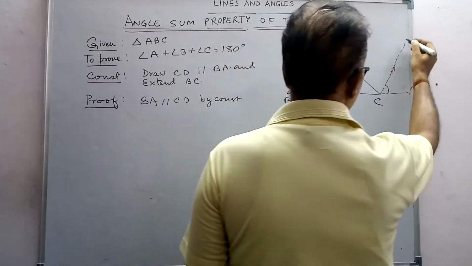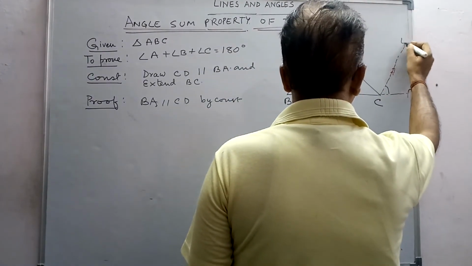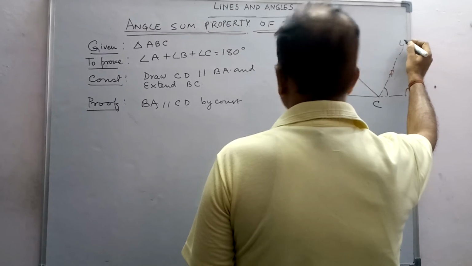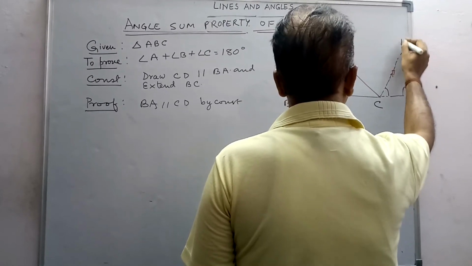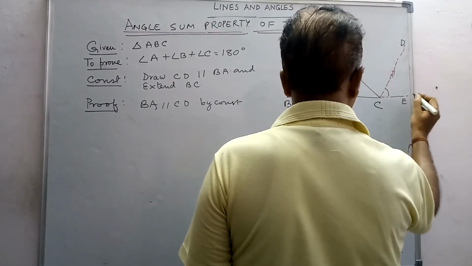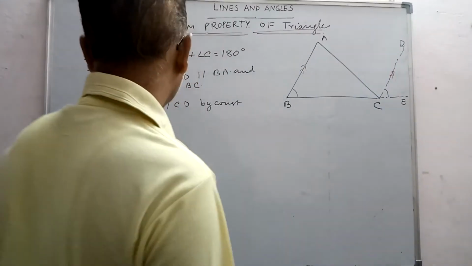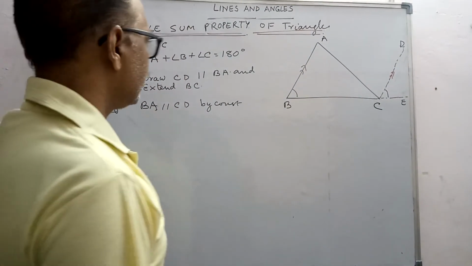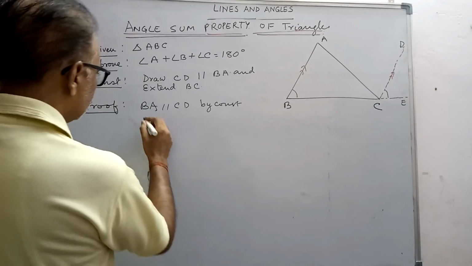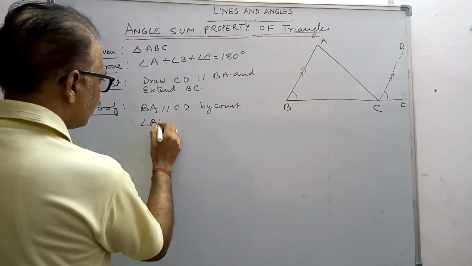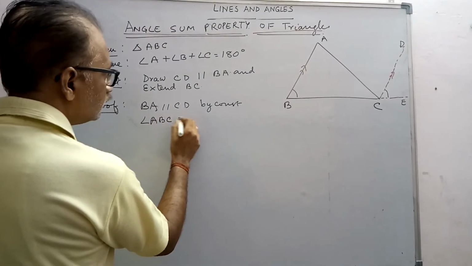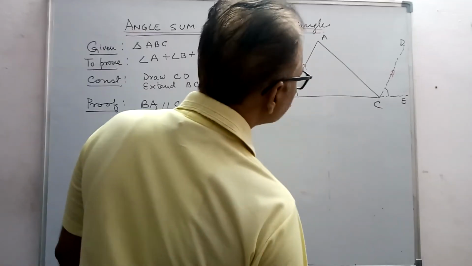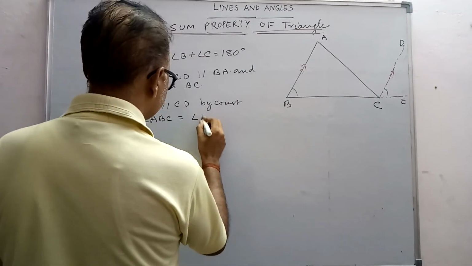You can take this as CD and this as E. So you see BA is parallel to CD, therefore angle ABC is equal to angle DCE.